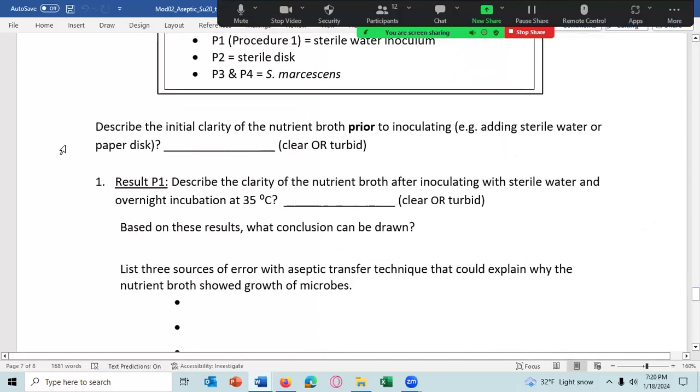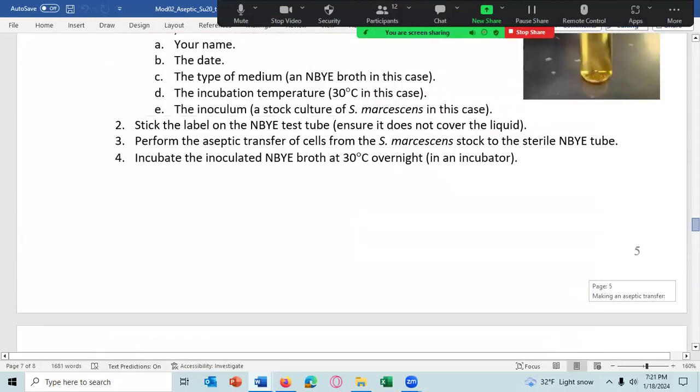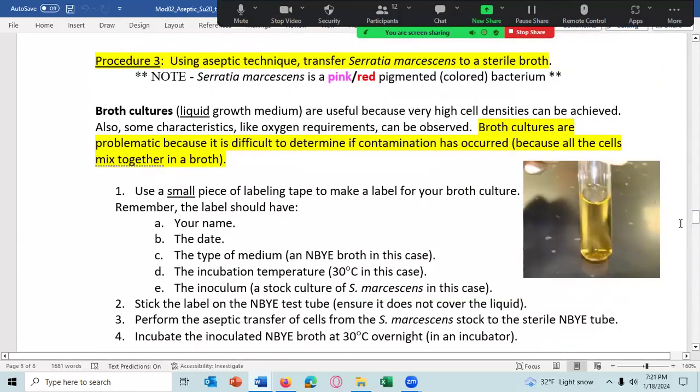Then for your answer, you'll have question 0: describe the initial clarity of the nutrient broth prior to inoculating the tube, both for the sterile water and for the paper disc. Discuss whether it's clear or turbid. So the answer is one of those two. And there's the tube of broth.